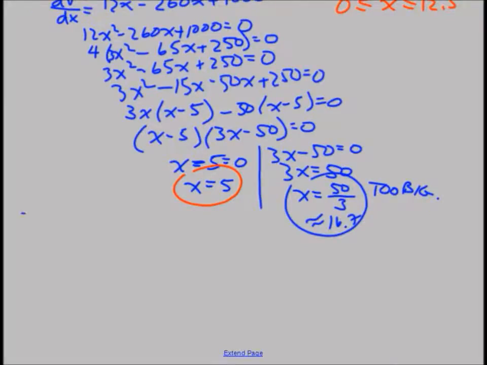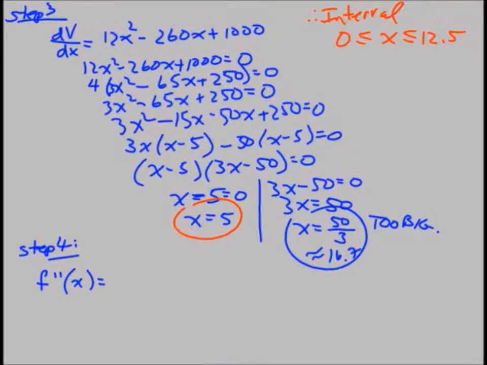Step 4. Let's try the second derivative test. That's the one that they've used in the example also. The second derivative, we have to figure it out based on this, is 24x subtract 260.